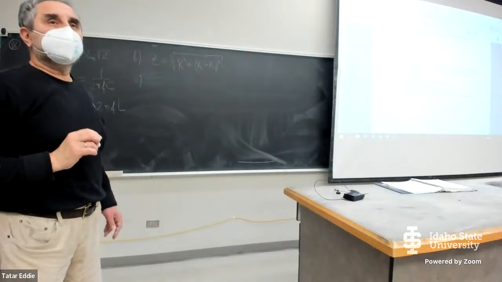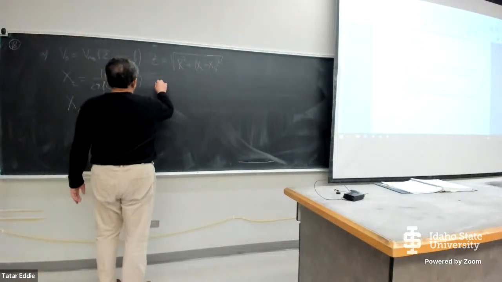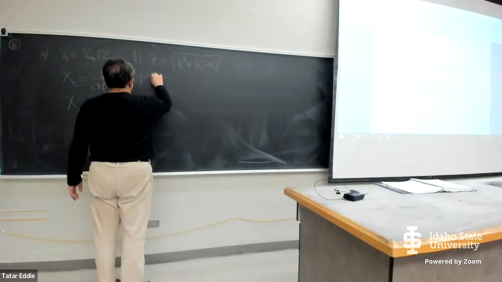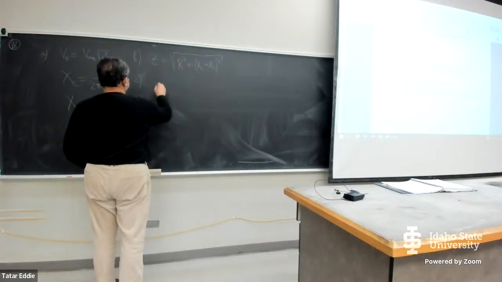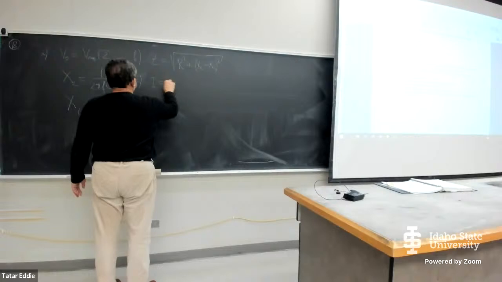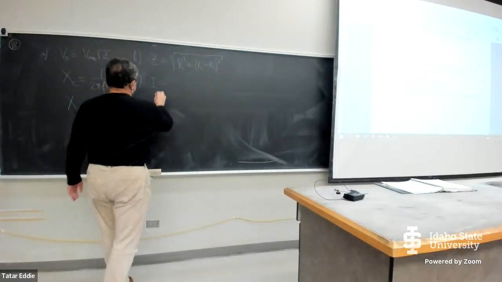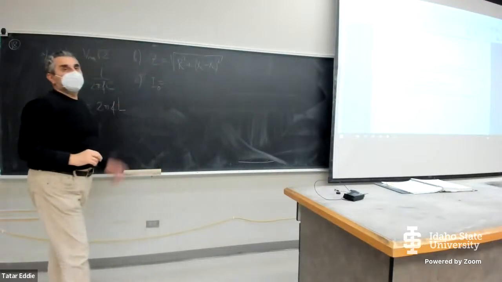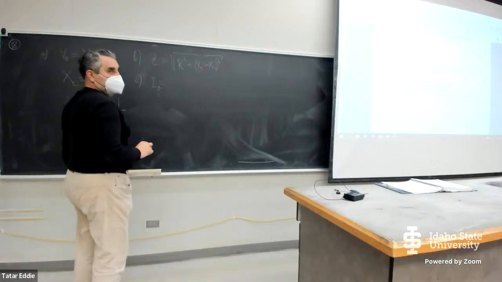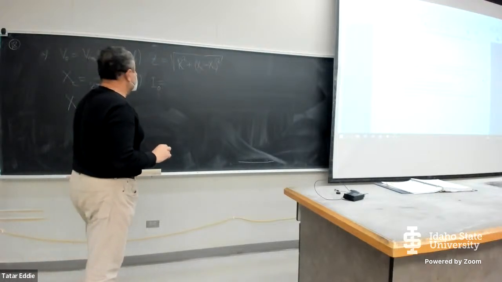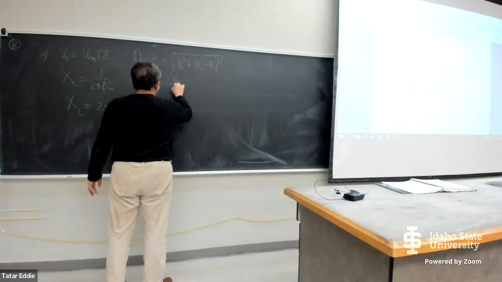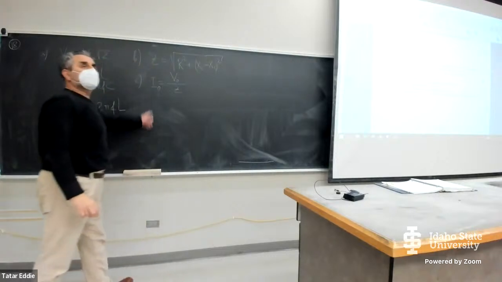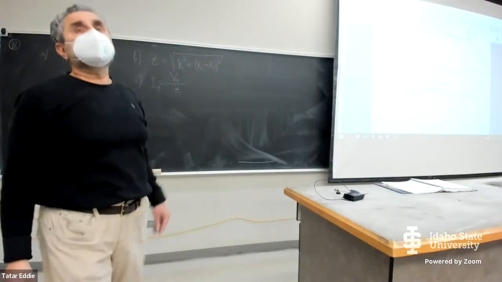Usually amplitudes we denote with subscript 0. So it's going to be the voltage amplitude V0 divided by the impedance. Just Ohm's law, but instead of resistance, you have impedance.